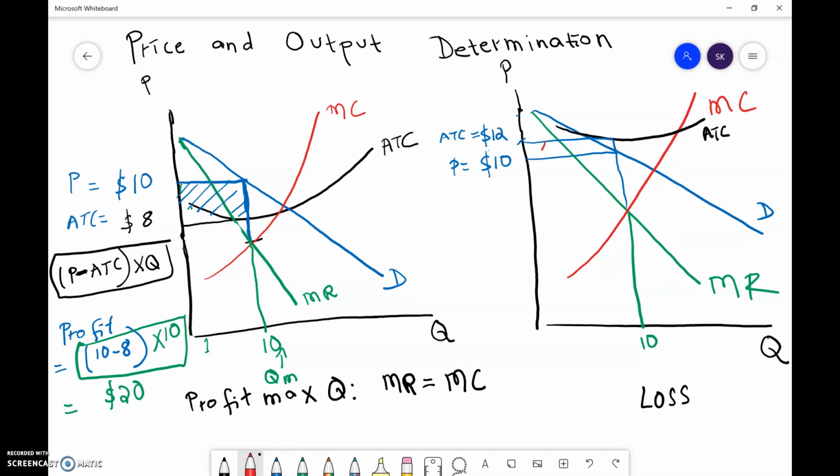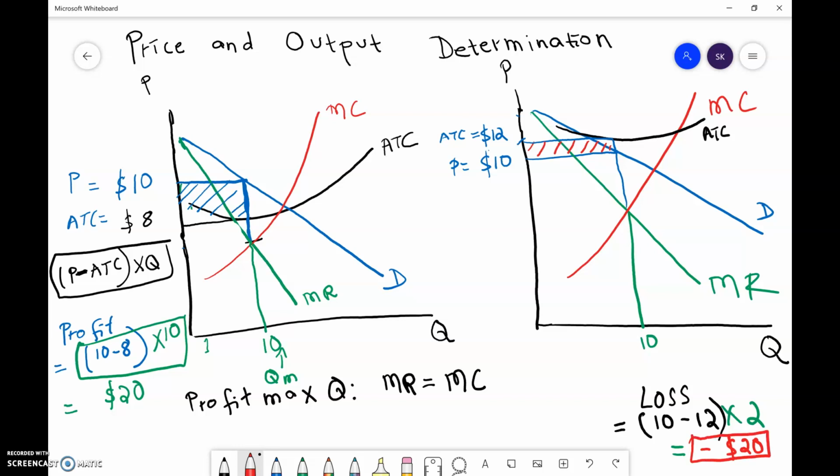Looks like the average total cost is greater than price, so the monopolist is going to incur a loss, and the loss will be equal to, the same way we calculate the profit, 10 minus 12 times, never forget please, the output level, and this turns out to be negative $20.